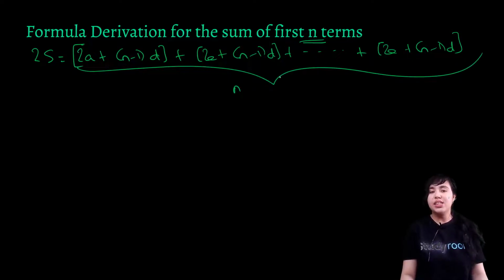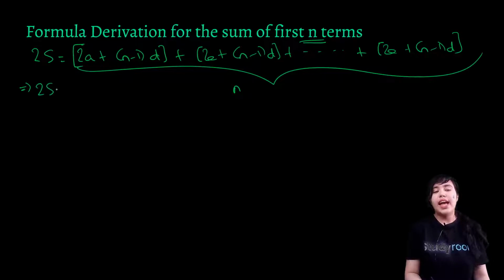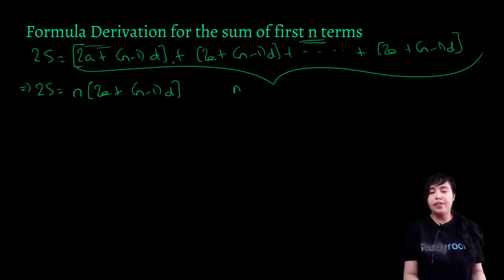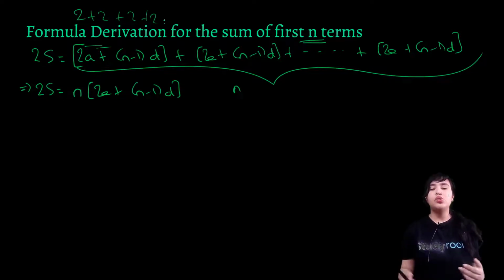So I have n such sums, which means I can write this as n into (2A plus n minus 1 into D). I need not write this factor again and again. We make use of multiplication. For example, in junior classes you did 2 plus 2 plus 2, but then when you came to grade 1 or 2, your teacher told you to make use of multiplication.